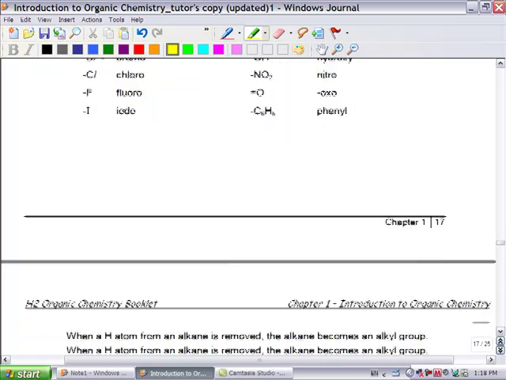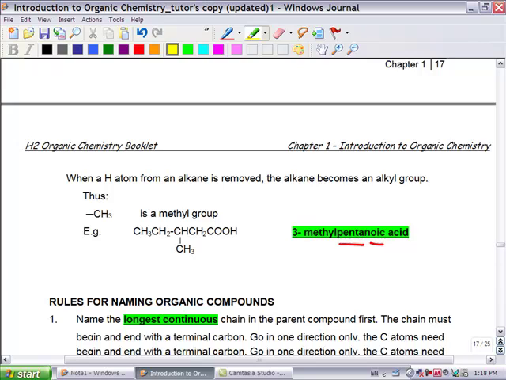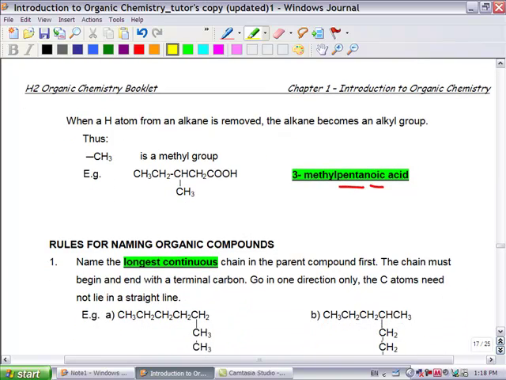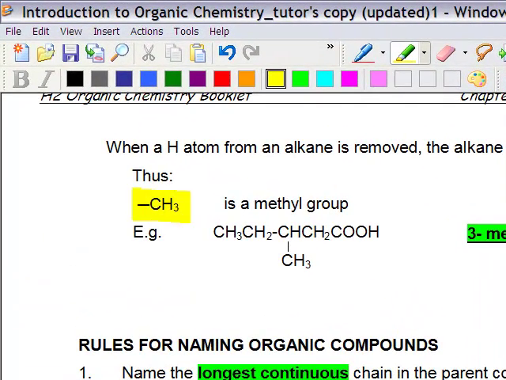Moving on to page 18 of the notes. When an atom from an alkane is removed, the alkane becomes an alkyl group. For example, a CH3 group is known as a methyl group. In this example, we have a pentanoic acid because there are 1, 2, 3, 4, 5 carbons.